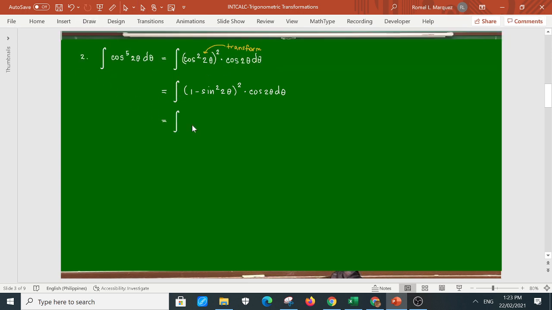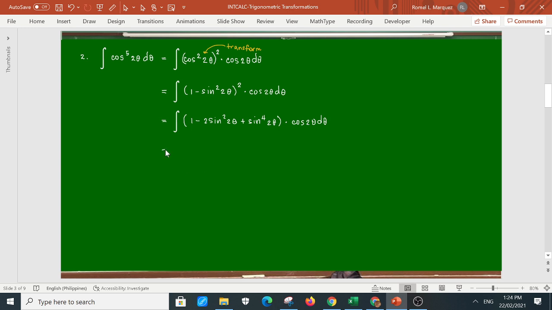We have 1 minus 2 sine squared 2 theta plus sine to the 4th 2 theta, then times cosine of 2 theta and d theta.